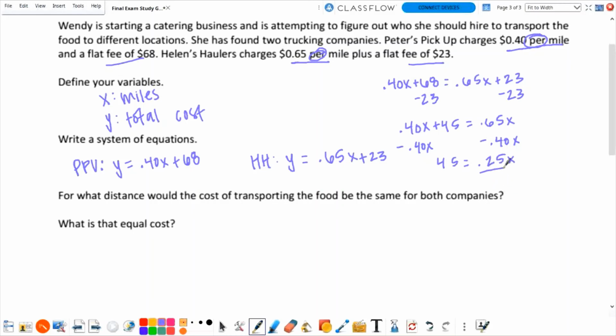And we're going to divide by 0.25 to solve for x. So 45 divided by 0.25 gives us 180. So the answer would be 180 miles.